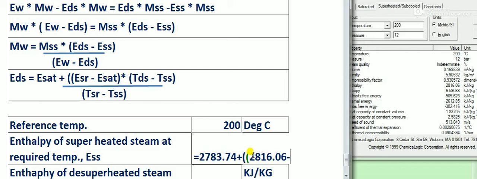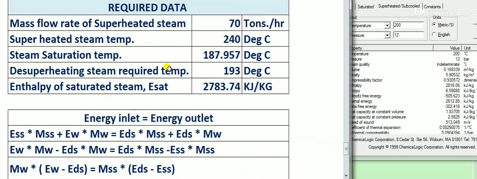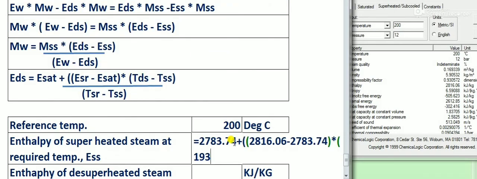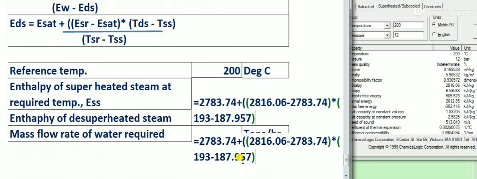Minus the enthalpy at saturation, the same 2783.74, multiplied by the temperature of desuperheated steam, that is 193, the saturation temperature plus 5 degrees we took, minus the saturation temperature, 187.957.